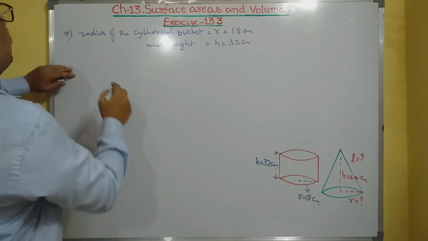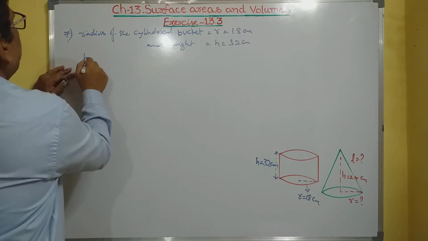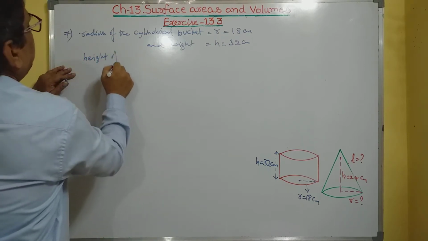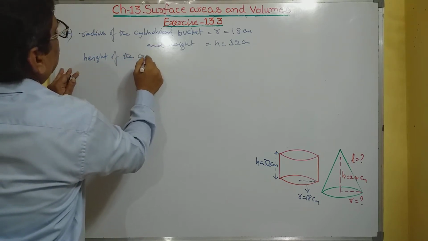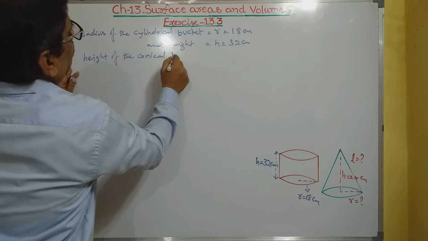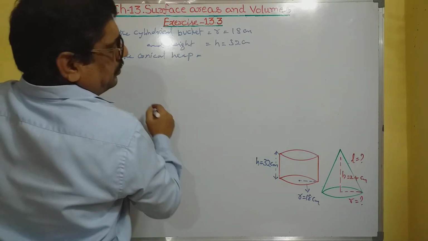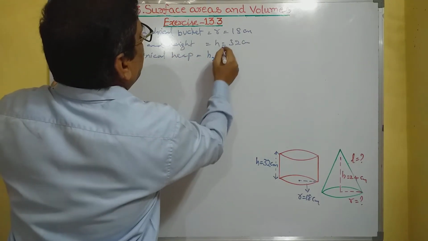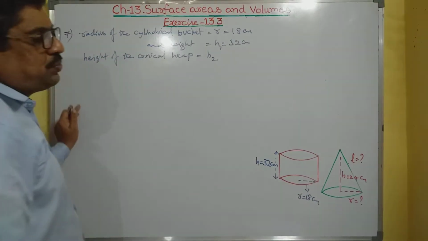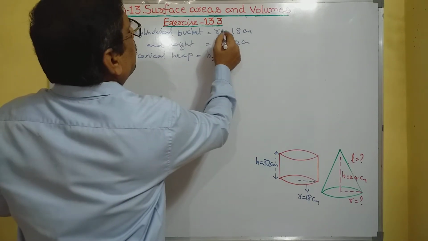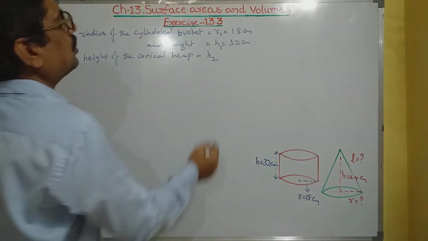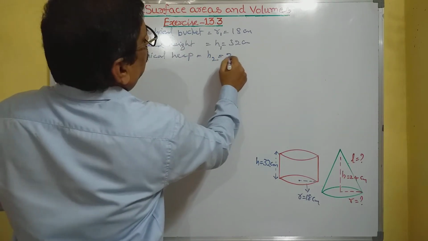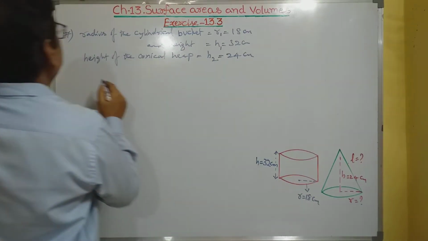And what else he has given? Height of the conical heap, let us take it as H2, and the cylinder height, let us take it as H1. Here radius, let us take the radius of the cylinder is R1. Now H2 is equal to given 24 centimeters.